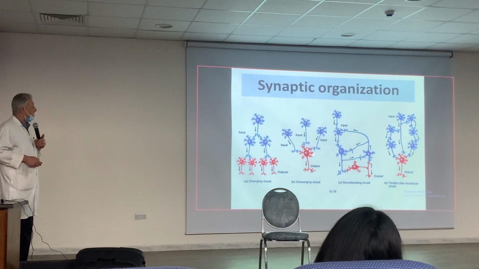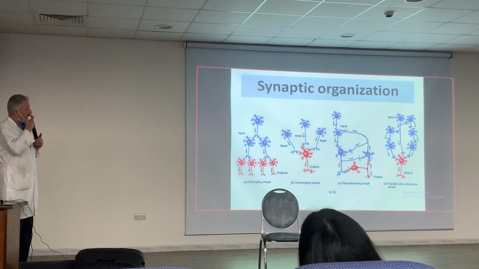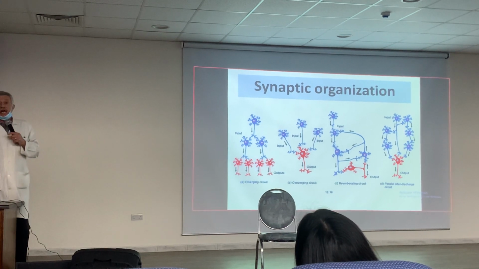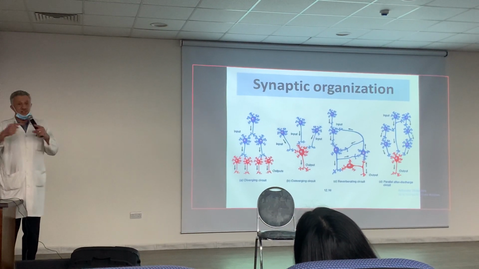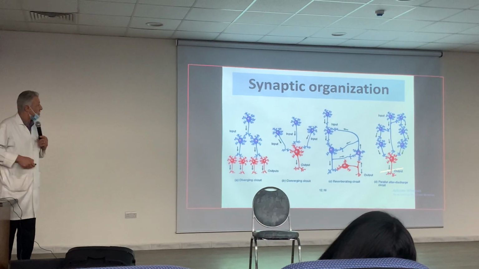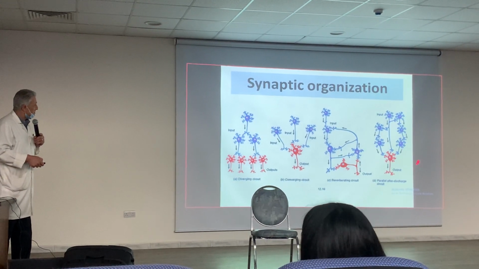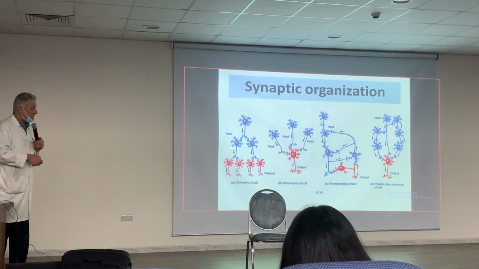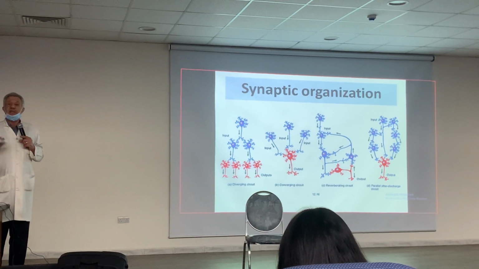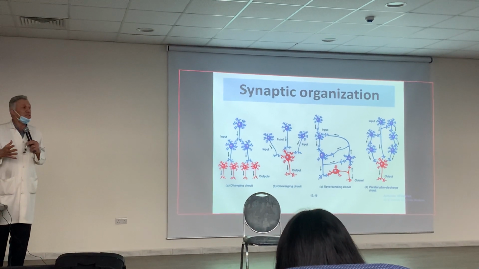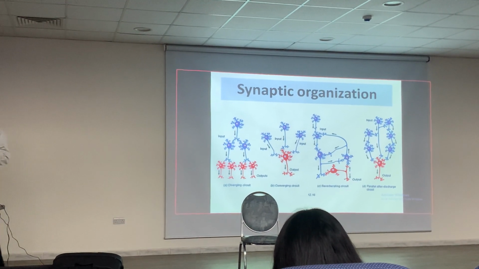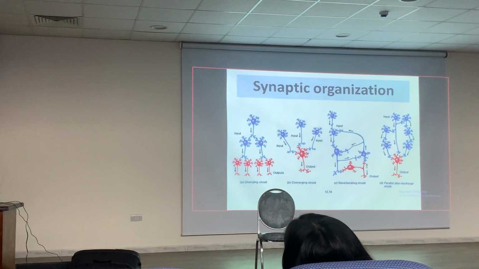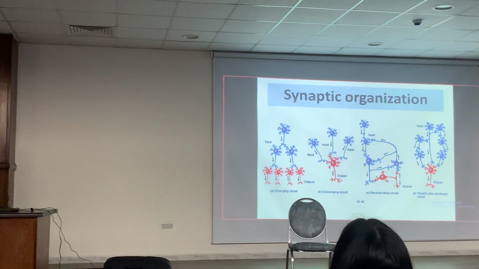Also, you can find a cell body like this one in red, receiving inputs from many sources. And this is called convergence. You have also other forms, I think Dr. Mohammad will tell you about them, but more important for us now are convergence and divergence to understand the complexity and the responses of the autonomic nervous system when we talk about it next week.